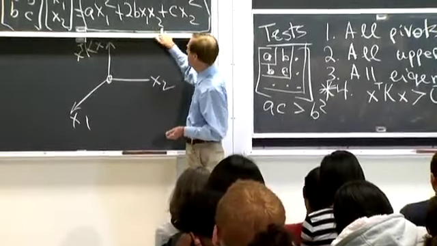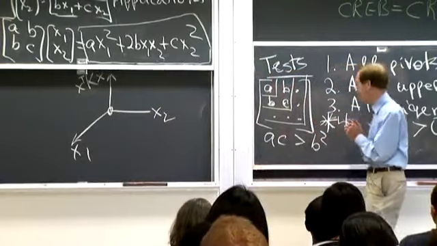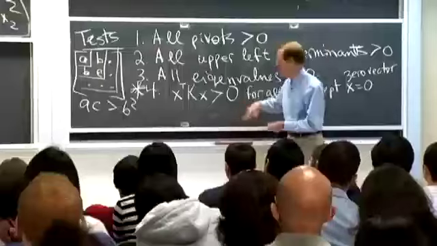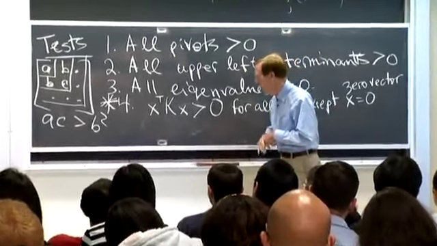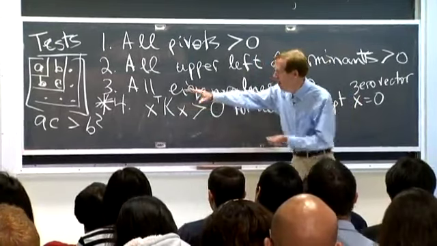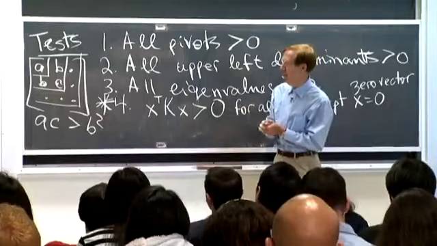I'm drawing the picture for positive definite. My definition is that the energy goes up. It's positive, right? When I move away from that point, I go upwards. That point will be a minimum.